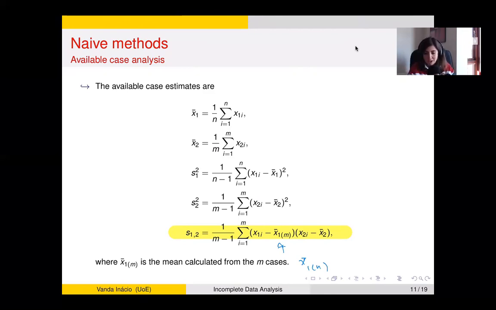But this in general can be problematic. It still has some problems, but it's better than using different pairs for the mean of the variables. Even if we have more data, we just use the observed values for the individuals that have available information on both variables. We will make this more concrete in a second.